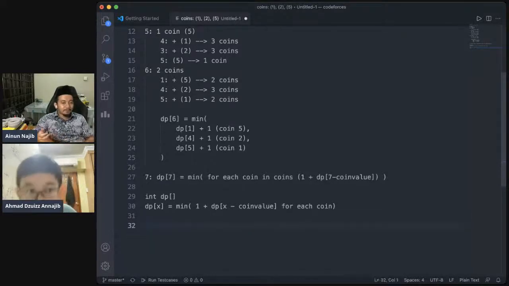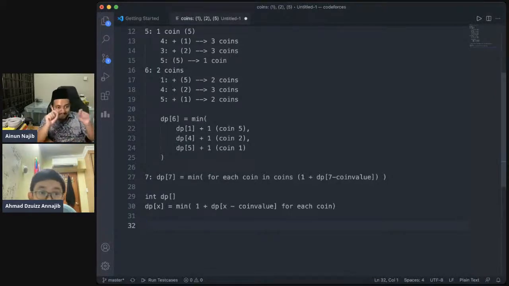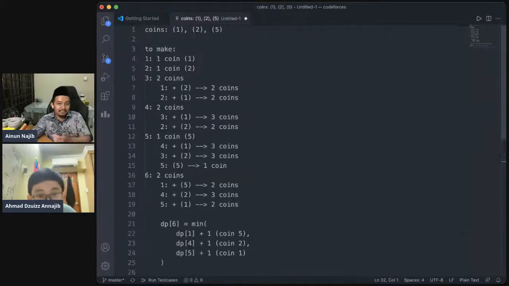But the tricky part of dynamic programming is usually to identify that relationship and how you represent it. Just like the coin problem here, we need to think that I want to represent based on the amount of money. Because usually our mind will think that maybe I should represent the coins, but actually no, you don't represent the coins.